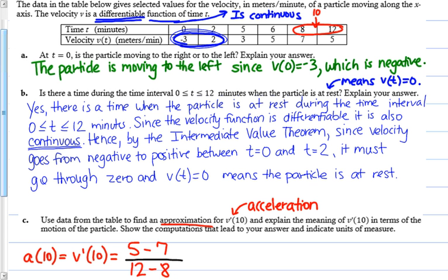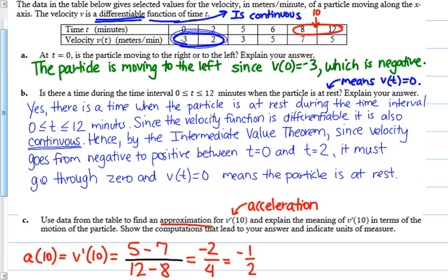And you'll be doing this all year. Promise you that. So 5 minus 7 is negative 2. 12 minus 8 is 4. And I can actually simplify that, right? And I get negative 1/2. It doesn't matter where you write the negative, really.